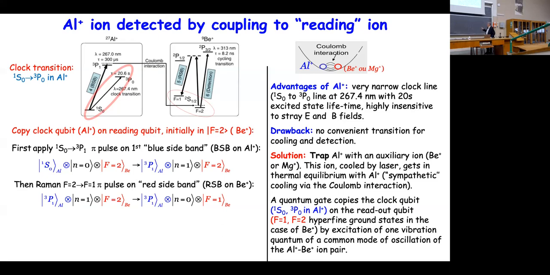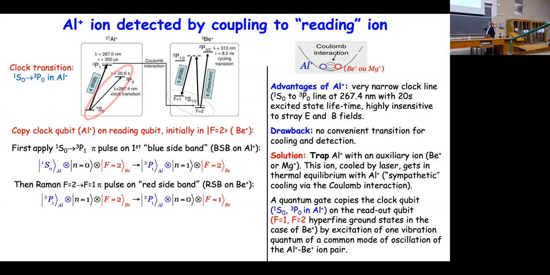So what you have done with these two pulses is to carry the excitation from 1s0 to F equal 1. You are in F equal 2 and you are finished in F equal 1.